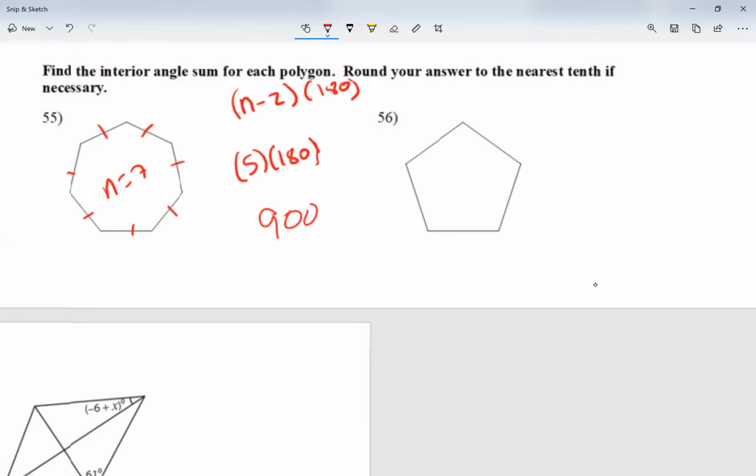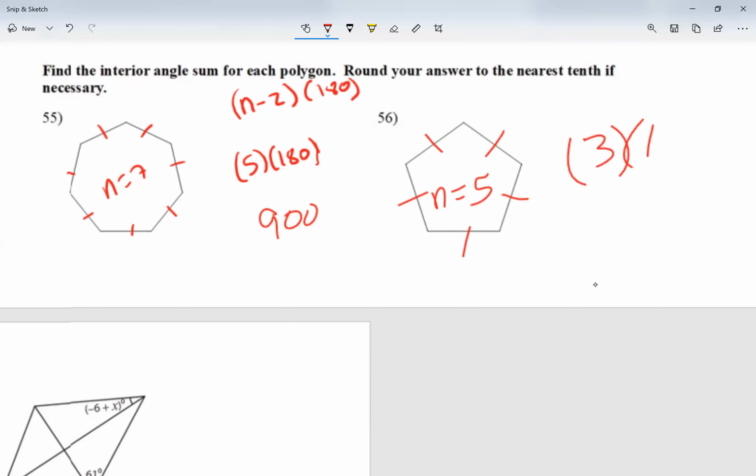All right, let's take a look at question number 56. Let me count how many sides this polygon has. 1, 2, 3, 4, 5. All right, so this thing has 5 sides. For me to know how much all the angles on the inside add up to, I'm going to go 3 times 180. The 3, remember n minus 2, 5 minus 2, that's where I got the 3 from. 3 times 180.